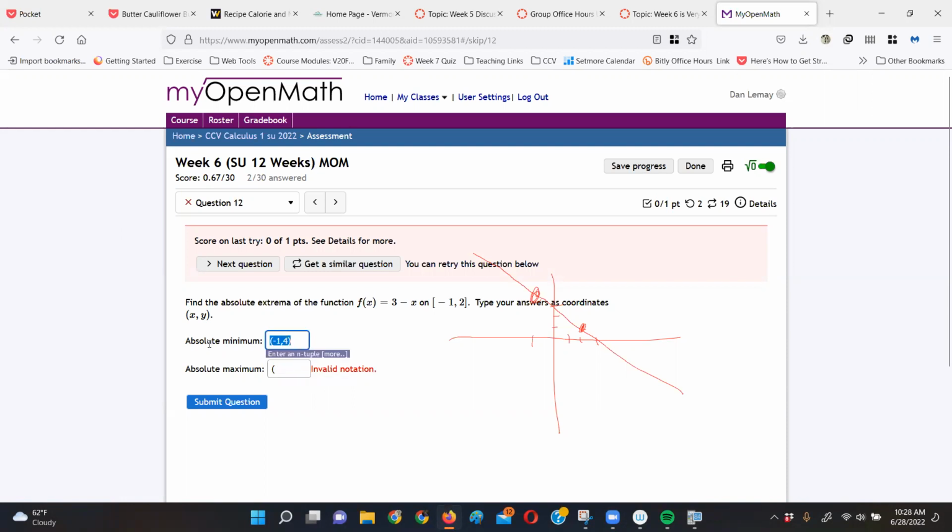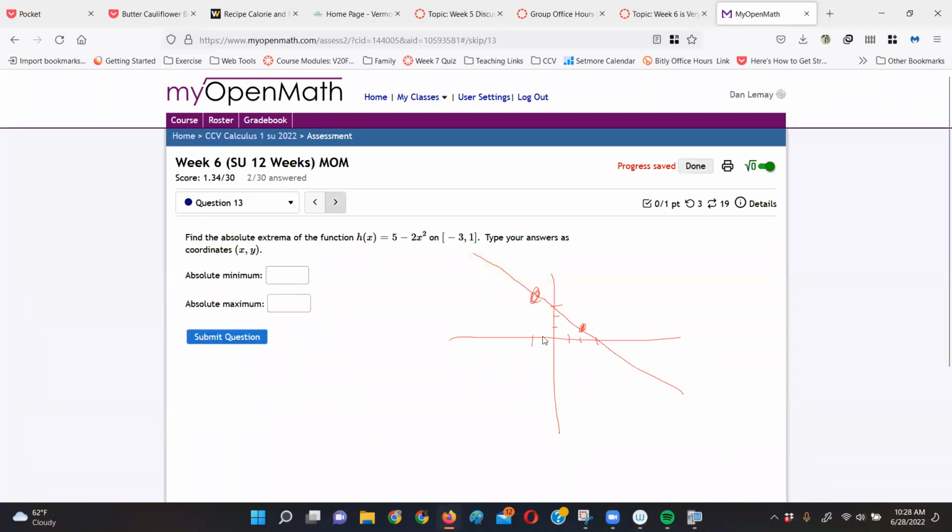I almost did that again. The maximum's there. The minimum happens at 2, and 3 minus 2 is 1. So 2, 1. Let's see how I do today. There we go. All righty.